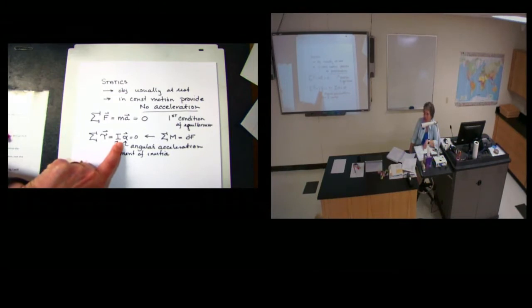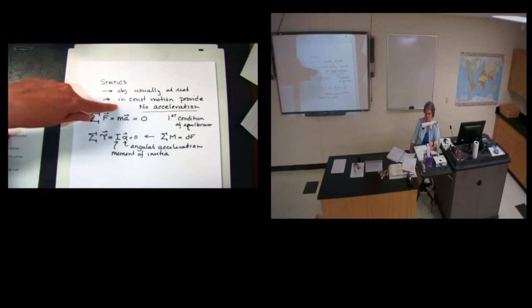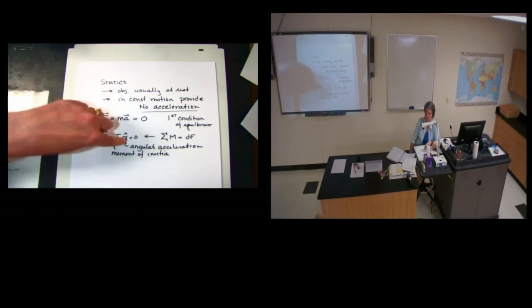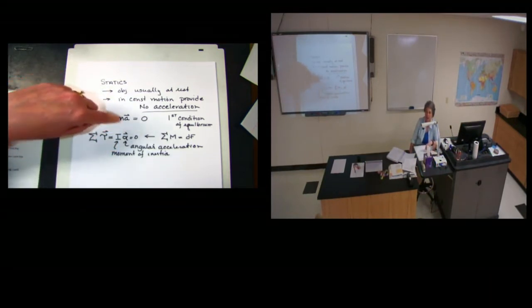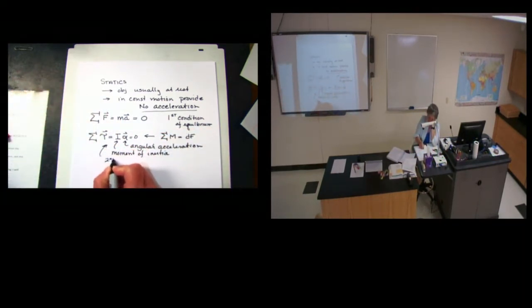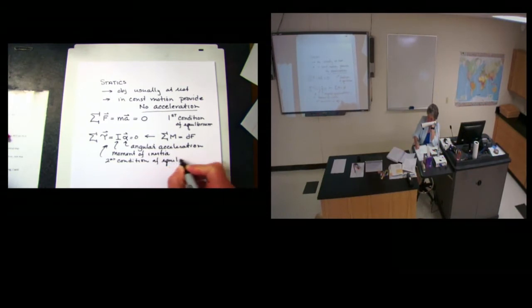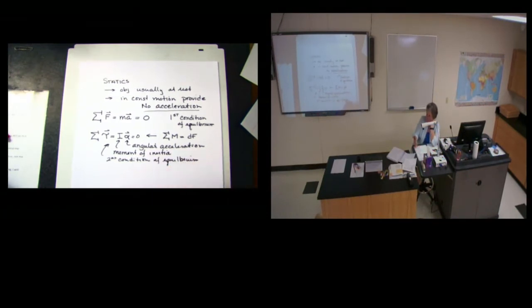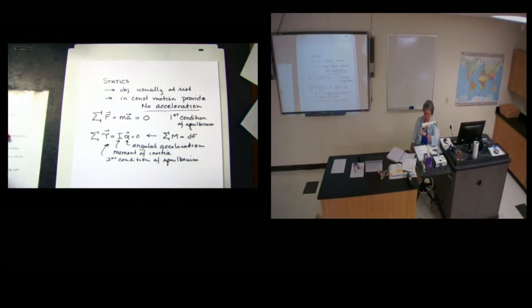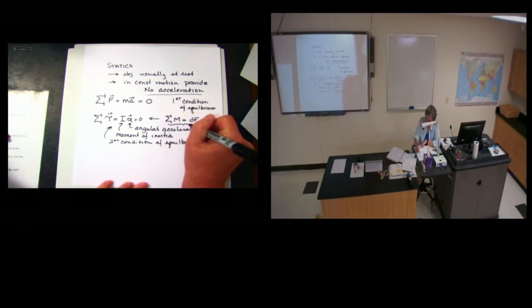If you haven't reviewed cross products in a while, they're in Appendix B, and in the Hibbeler statics section 4.2. So you've got a place to go back and look at the cross product aspect of things. That kind of gets us the differences between statics and dynamics.